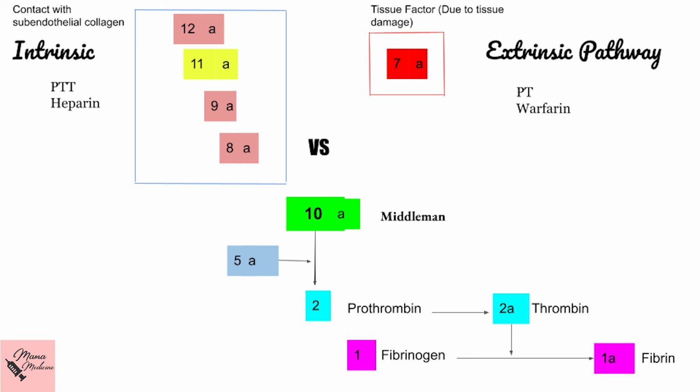So, the PTT, which is a test that I will talk about in detail in another video of mine, is used to measure the factors involved in intrinsic pathway and in the common pathway. And how do we learn that PTT is associated with intrinsic pathway?